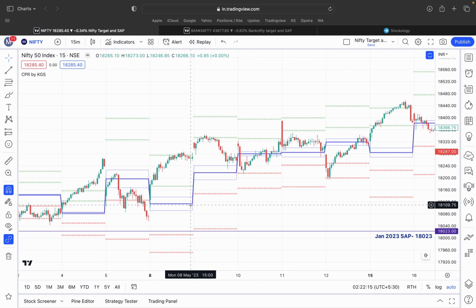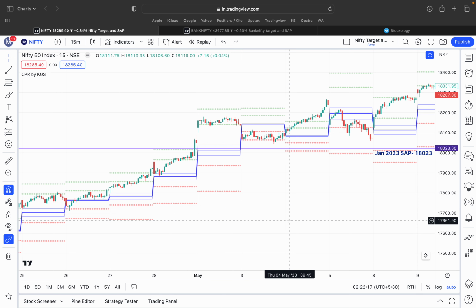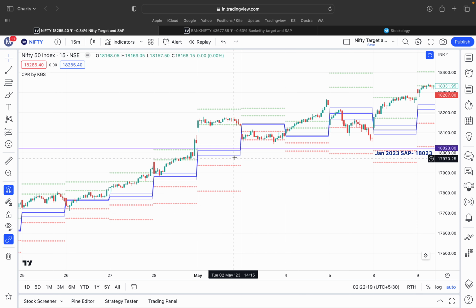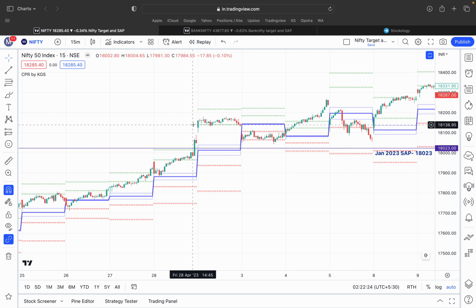So let me see any good example of a virgin CPR over here. So yes, here it is, we have the example of the virgin CPR. So this was the CPR. Price opened gap up and remained sideways above, and it never in a day came to touch the CPR. So this CPR remains the virgin CPR. Now what is the importance of this virgin CPR?